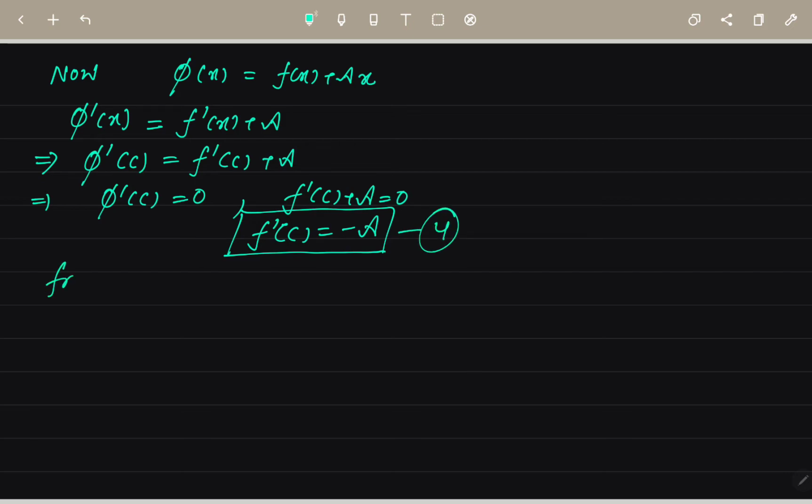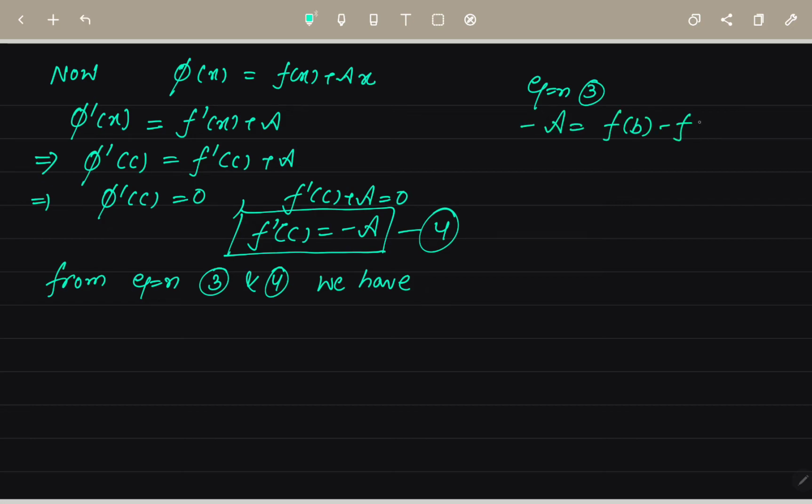So from equations third and fourth, what do we have? We know that equation third was basically minus a is equal to f of b minus f of a divided by b minus a.